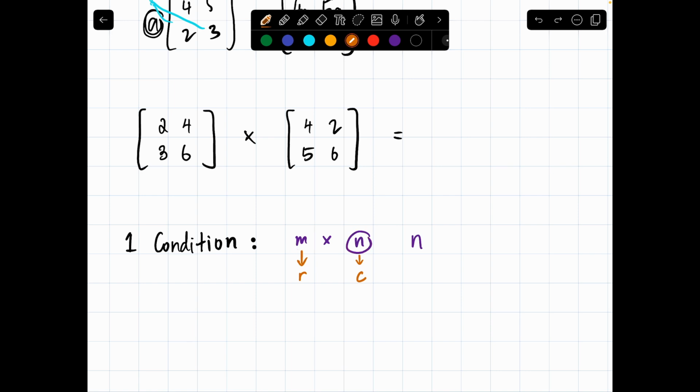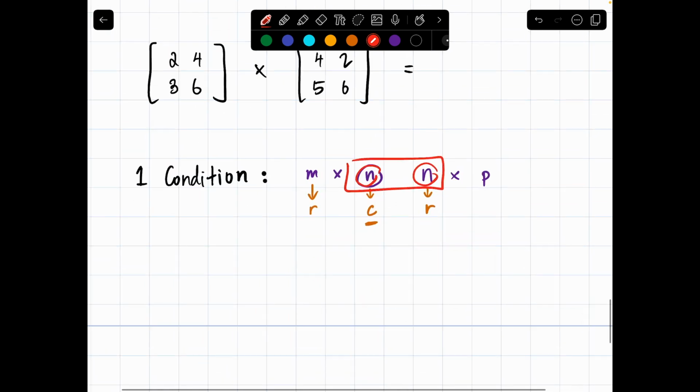So the number of columns for the first matrix must correspond to the number of rows of the second matrix, which is multiplied by p, for example. So the rule is that these two numbers must be the same in order for two matrices to be eligible to be multiplied with each other. This is the basic requirement.